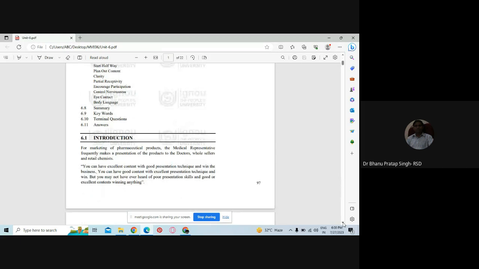For making the pharmaceutical product, it is not only pharmaceutical product, it may be many products. But if we are talking about pharmaceutical product, here the salesman is the medical representative, in short known as MR. The medical representative frequently makes a presentation of the product to the doctors, wholesalers, and retail chemists.